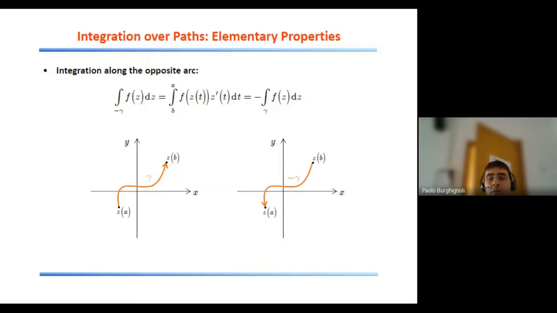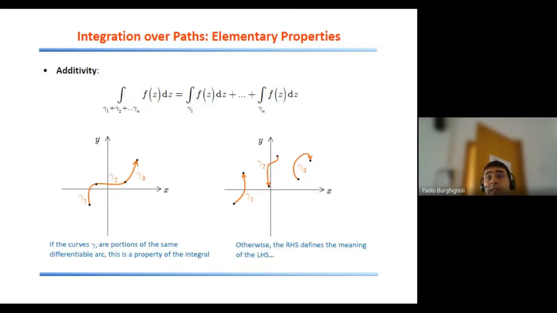Another useful property of the integral is its additivity. So look, for example, at the complex plane on the left. You see that our arc is made of three different pieces, gamma 1, gamma 2, and gamma 3. You obtain this by simply inserting some points which divide your arc.